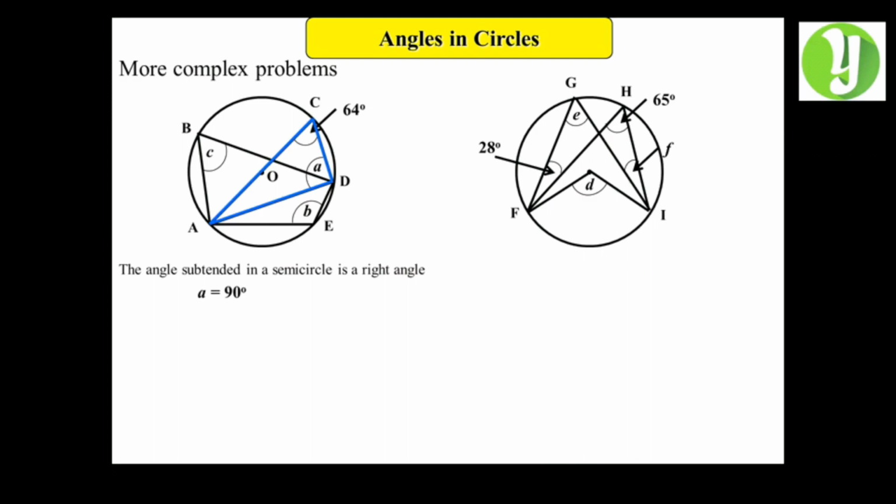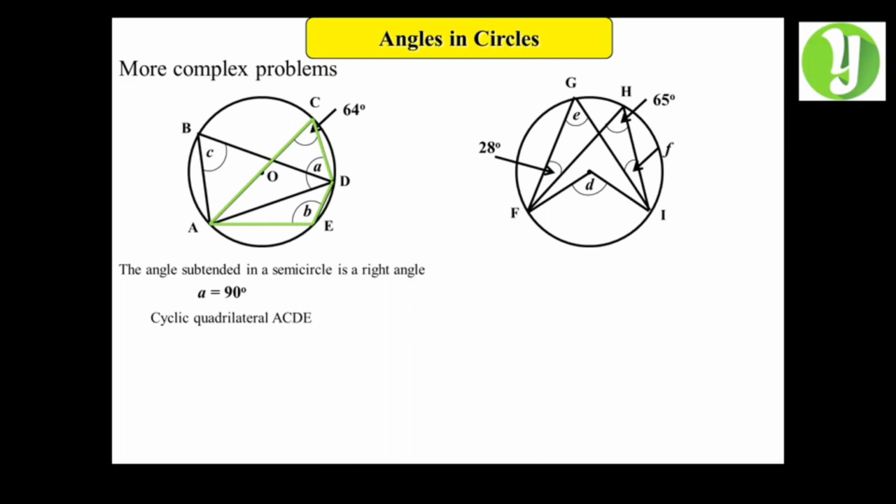Now the next part, the angle of B. The angle of B is in a cyclic quadrilateral, because A, B, D and E form the shape of a quadrilateral. So the opposite angles add up to 180 degrees. So B and 64, if I add B and 64, equal 180.